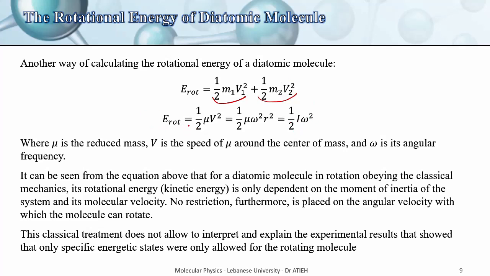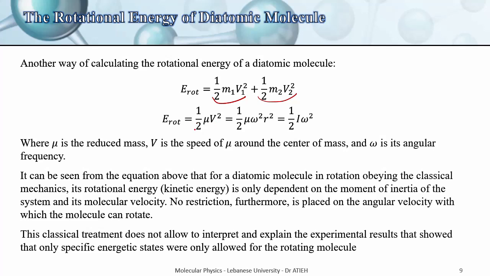Anyway, I'm going to use the equivalent mechanical model, which consists of using a particle at a distance r and of mass mu, which is the reduced mass of the molecule. So we can say that this diatomic molecule is similar to a single particle that has a mass mu and velocity v.